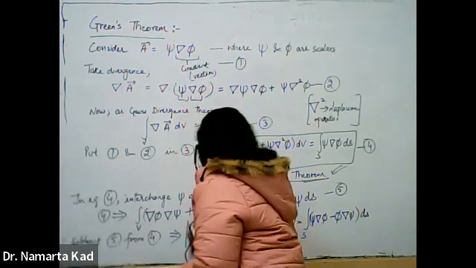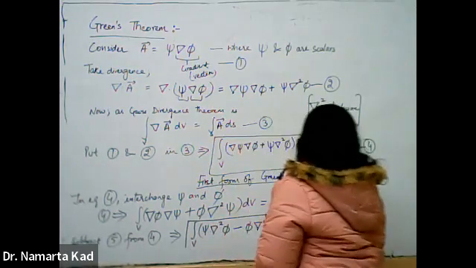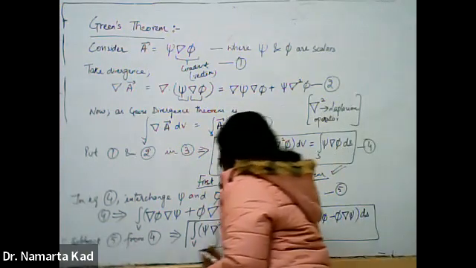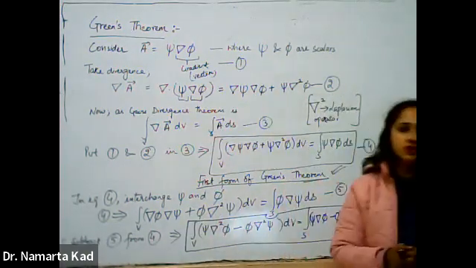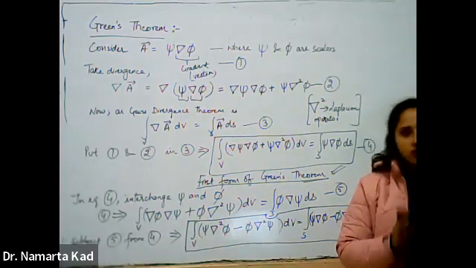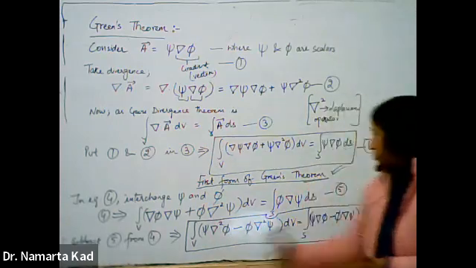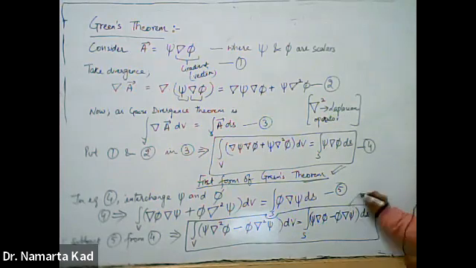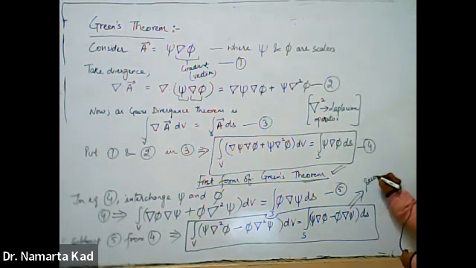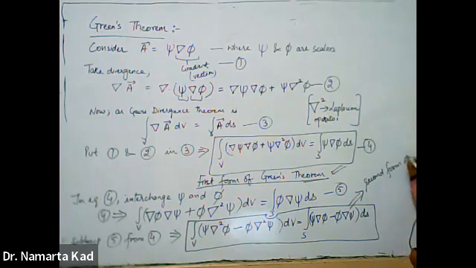These results are also used in our further concepts when we deal with electric and magnetic fields, where we are going to use these results directly. So this is called the second form of Green's theorem.